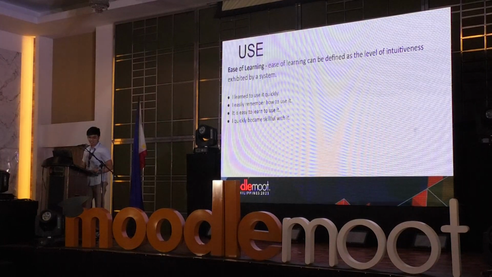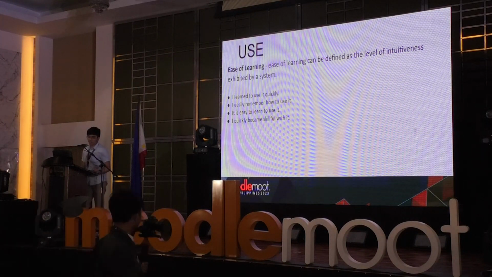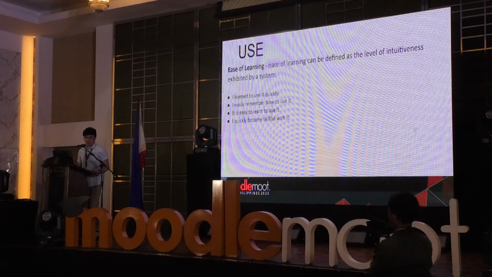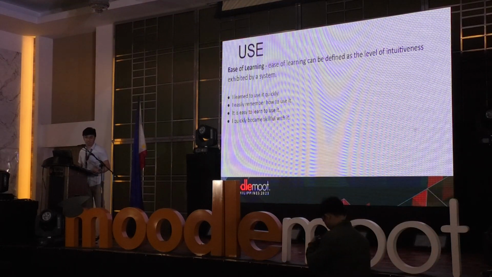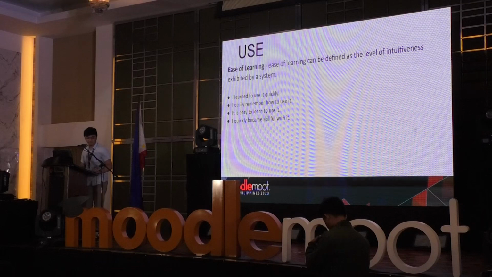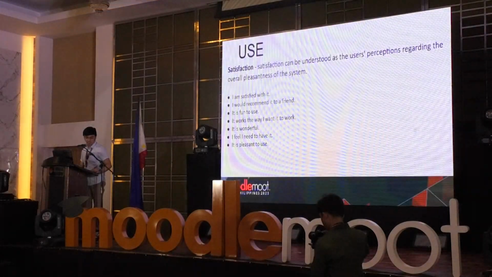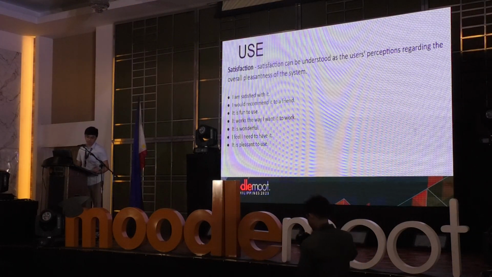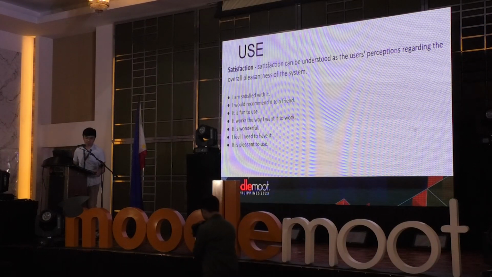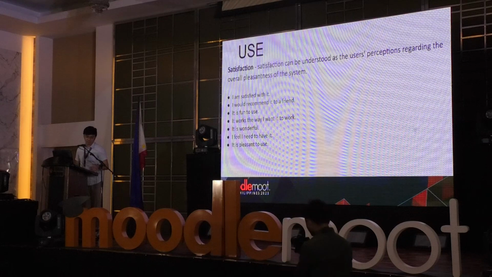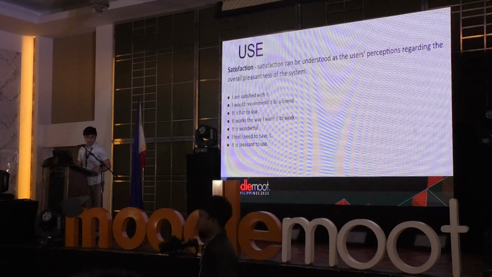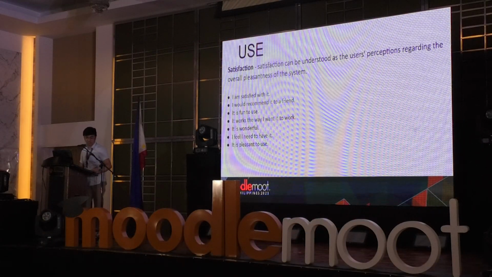Next is ease of learning, which can be defined as the level of intuitiveness exhibited by a system. Lastly, satisfaction, which can be understood as the user's perceptions regarding the overall pleasantness of the system. Below are the questions pertaining to each of these categories.